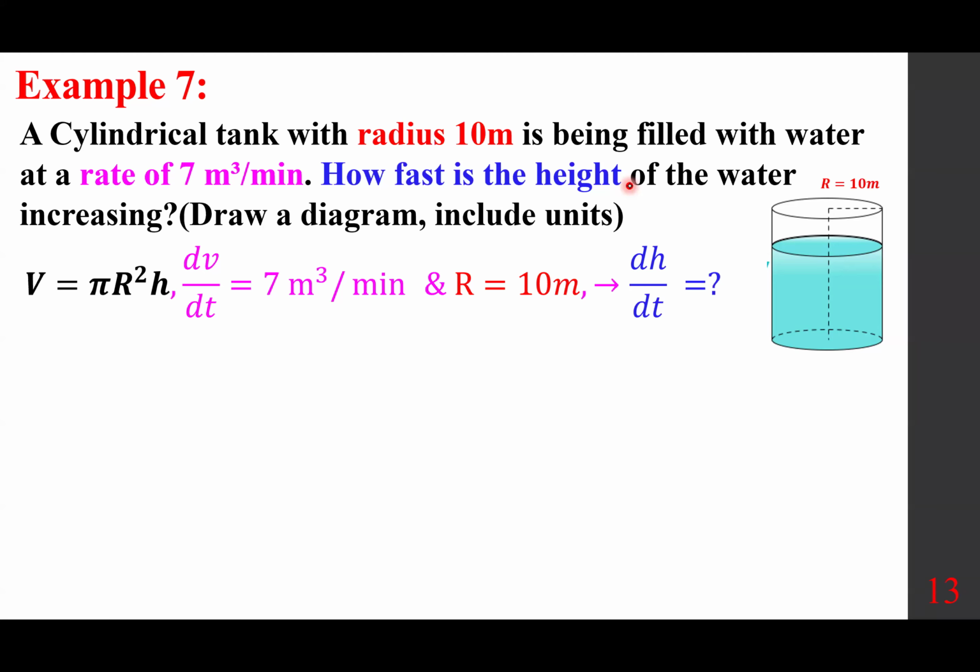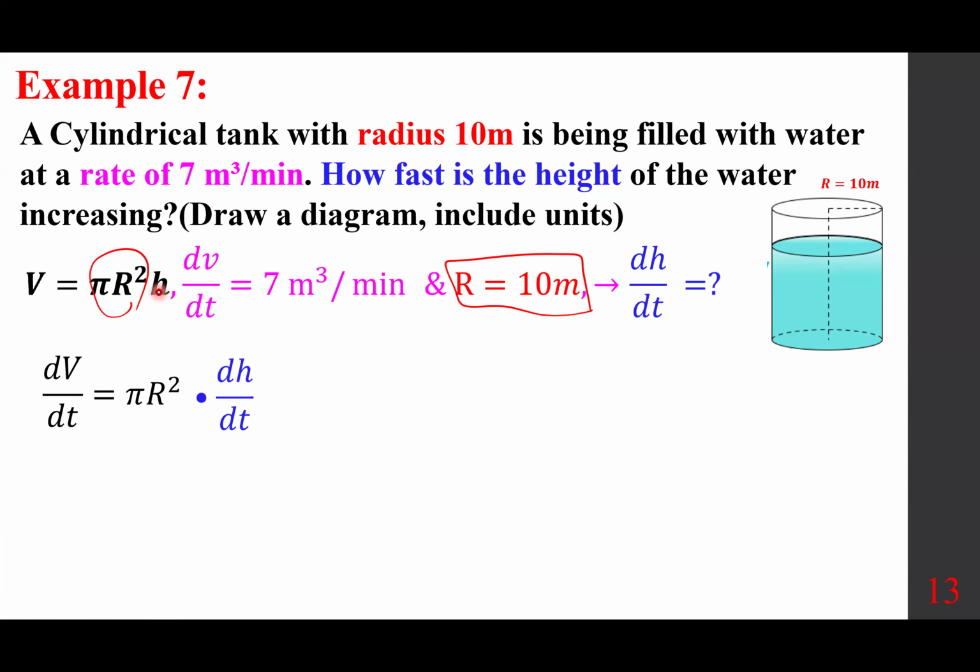So we have V, so let's differentiate this. dv dt. Now, please understand, pi r squared is fixed because r is not changing. The radius is fixed. So pi r squared times now h differentiated, dh dt.